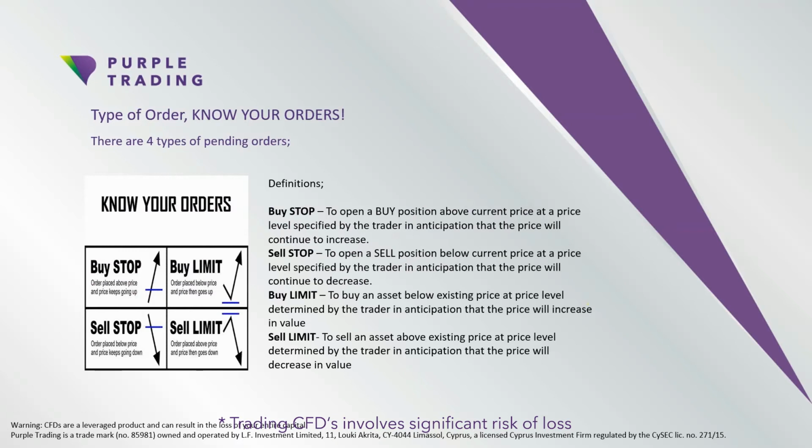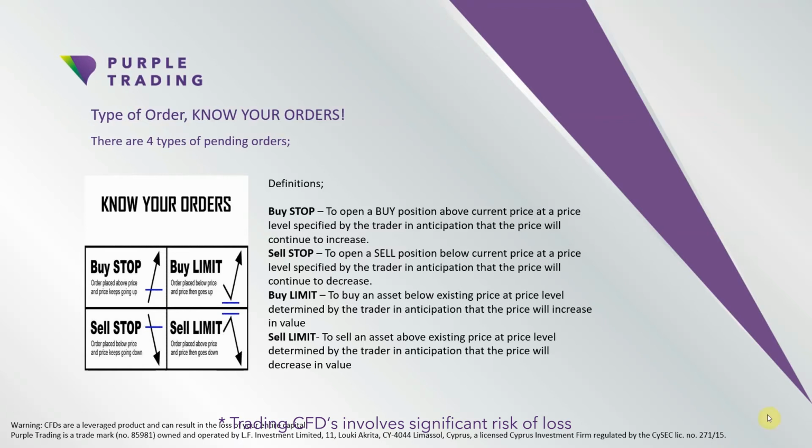So top left of the diagram, we have a buy stop order, and this basically means that you have decided on a ceiling price above the current price of an asset, and if price reaches that ceiling price above the current price, then we execute a buy trade from there. Okay, so to open a buy position above the current price at a price level specified by the trader in anticipation that the price will continue to increase.